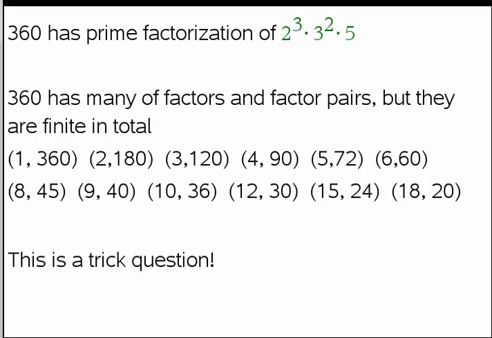You can see the list: 1 and 360, 2 and 180, 3 and 120, 4 and 90, and so on and so forth until you get 18 and 20. Once you get numbers that are relatively close to each other, you've probably exhausted all the possibilities of integer factor pairs.